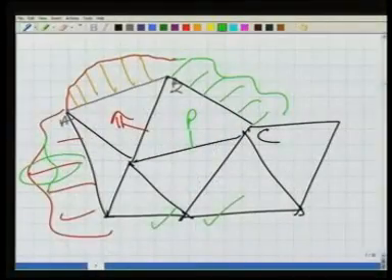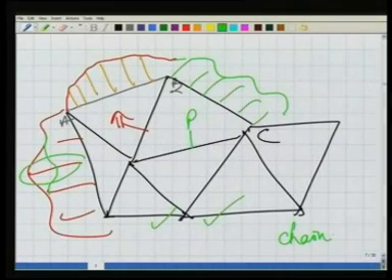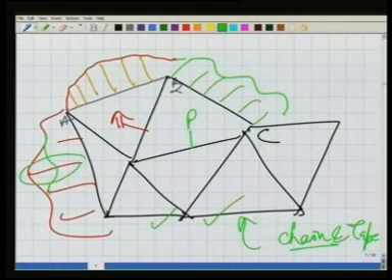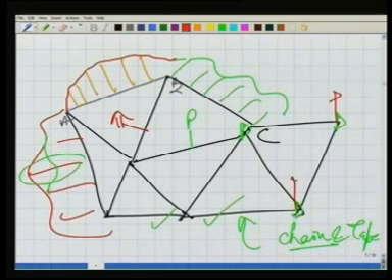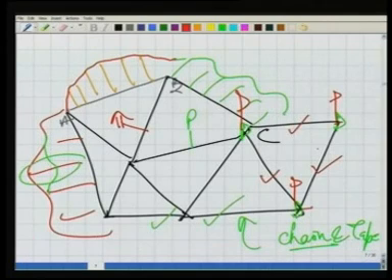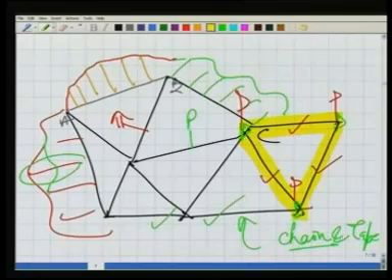We can make use of only chain or tape, because this entire survey of triangulation can be done using only chain and tape. You are establishing some stations, you have ranging rods there, one ranging rod, another one, and everywhere you are measuring these distances, and these distances can be measured using chain or tape.